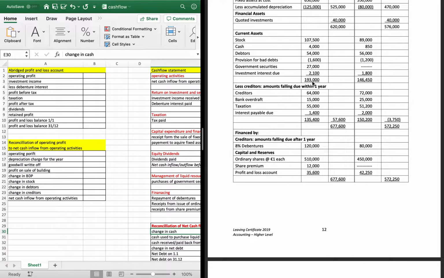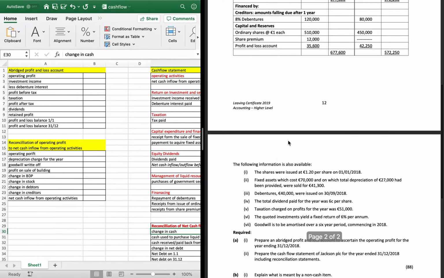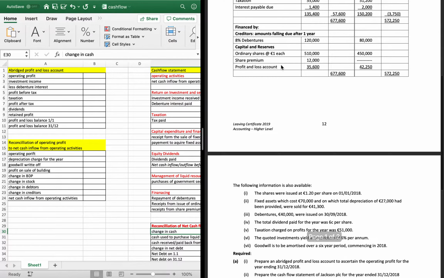But really, what we need to do is look at the workings at the bottom and see how they're going to impact all of the numbers. The first thing is this: the shares were issued at 120 per share on the 1st of the 1st, 2018. All that's really saying is that there's a share premium of 20%.